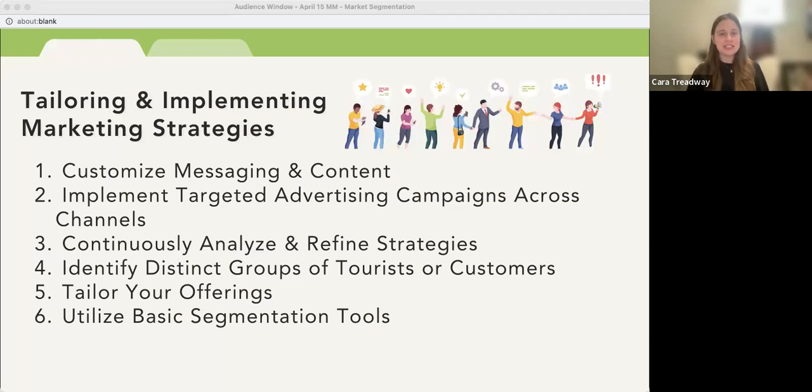And if you need assistance with segmentation, just utilize basic segmentation tools. For instance, you can consider implementing polls or surveys on social media or your websites using simple QR codes to gather more information. Additionally, leveraging your social media analytics is great for gathering valuable data that can aid in your segmentation efforts.